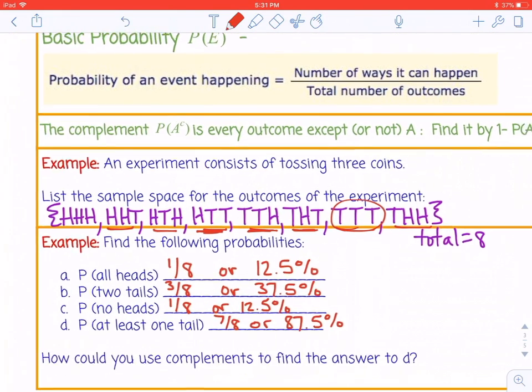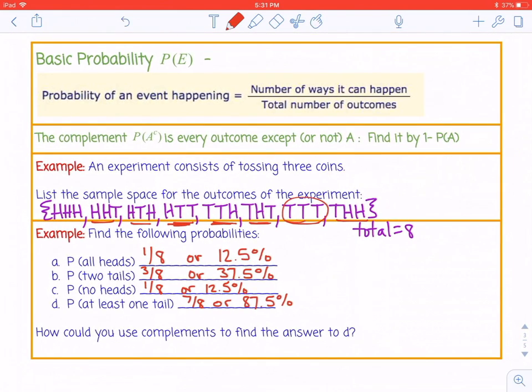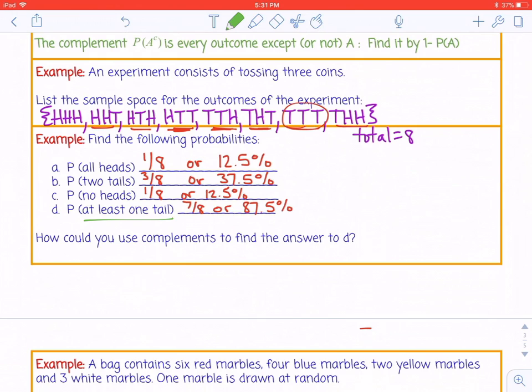So a complement, as defined up here at the top, is the probability of every outcome except, or not, the one you were looking for. So think of the probability of at least 1 tail. The opposite of that would be the probability of no tails, which is equal to the probability of all heads. So no tails is the opposite.